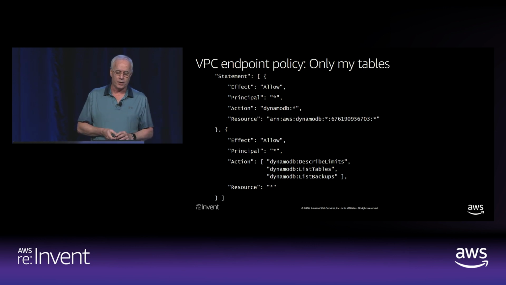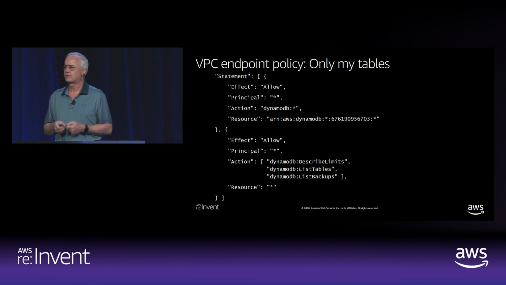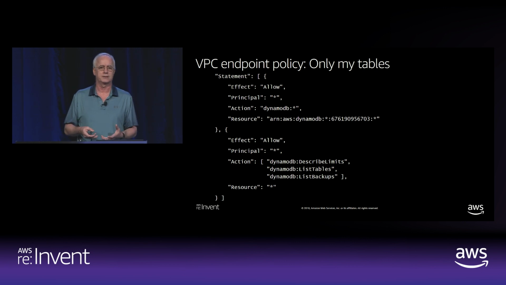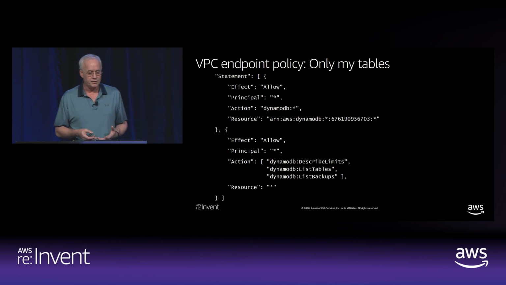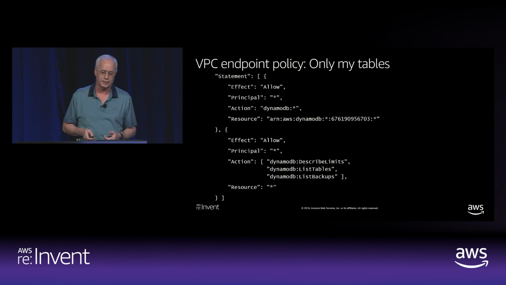The one other part of this policy is a second statement where I have DescribeTable, DescribeLimits, ListTables, and ListBackups. Those don't have resource-level controls, so you can't limit them. You can't restrict ListTables to a particular table, and so you have to grant those on resource star. I include this statement to allow those commands to work over the VPC endpoint as well.